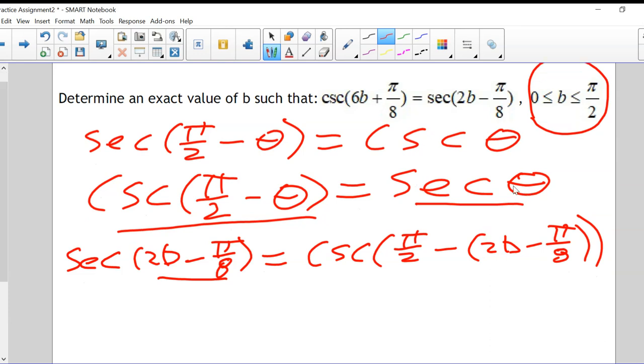I'm saying that this secant that I just circled, I can write as the cosecant of pi over 2 minus that same angle, the 2b minus pi over 8, because that's what this line says. The secant of this is equal to the cosecant of pi over 2 minus that same theta.